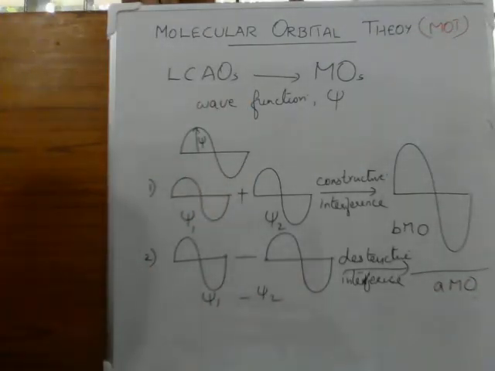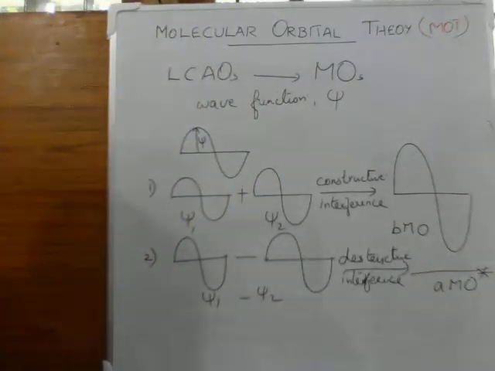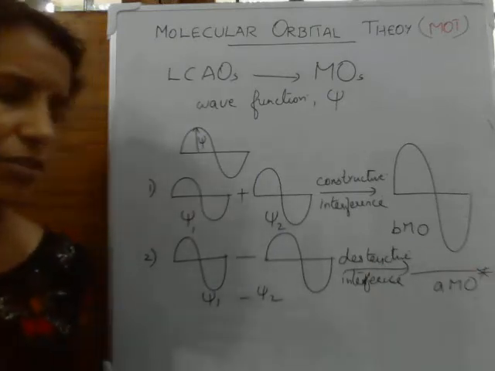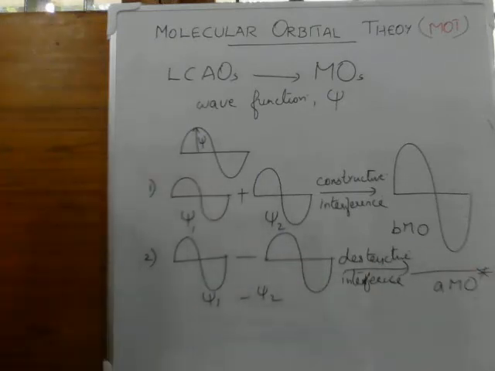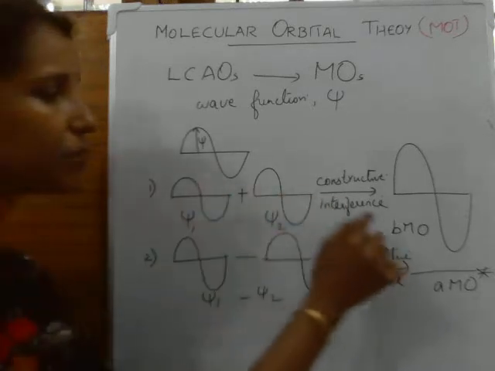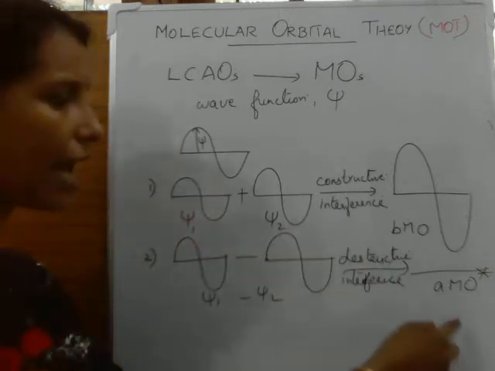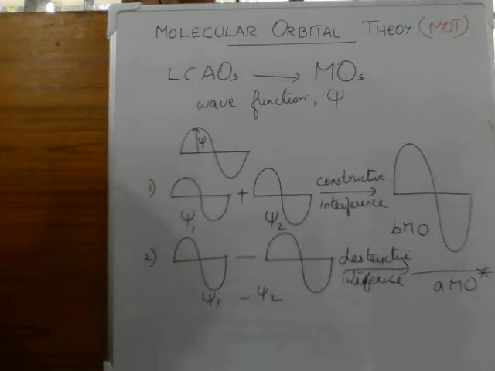The anti-bonding molecular orbital we always represent by putting a star sign above the symbol of the MO, to show it is anti-bonding. So the constructive interference of electron waves results in bonding MO, and the destructive interference results in anti-bonding molecular orbital.